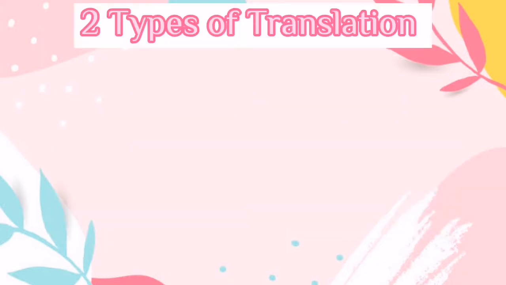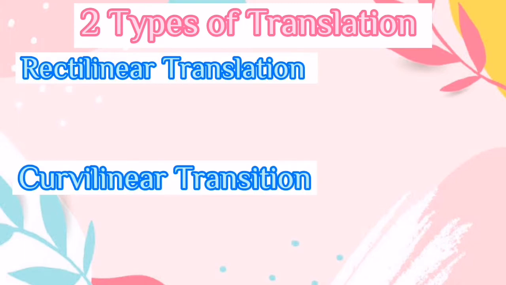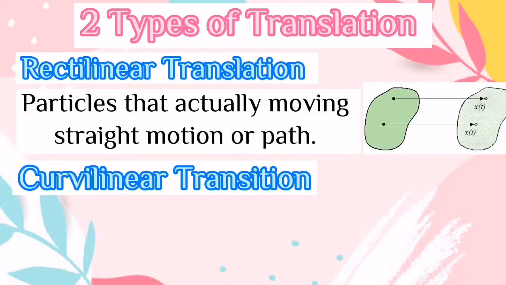So there are 2 types of translation, the rectilinear translation and curvilinear translation. When we talk about rectilinear, we are dealing with particles moving in a straight motion or path, meaning the path could be a straight line.